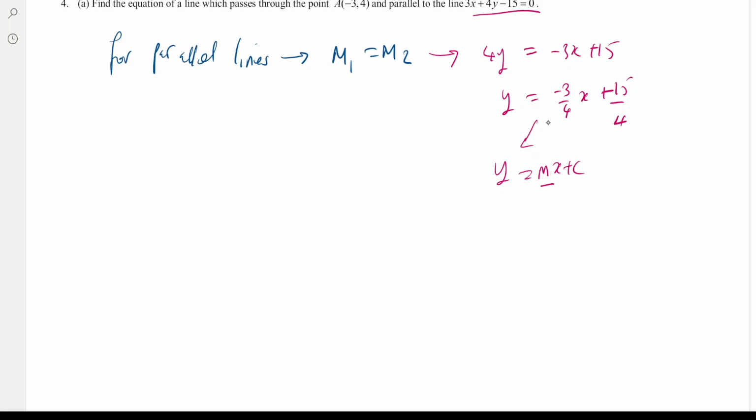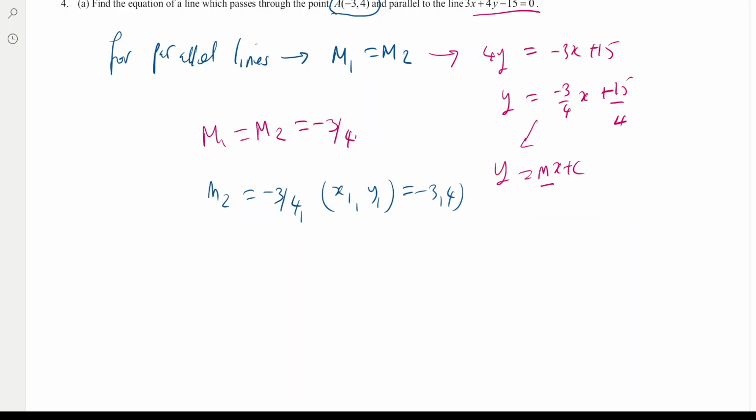So m1 equals m2 equals negative 3 over 4. So now we are going to find the equation of a line having point (-3, 4). So m2 is negative 3 over 4, and x1, y1 for this case is going to be (-3, 4).